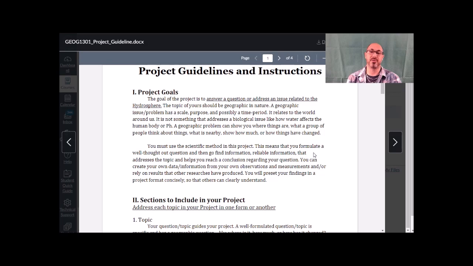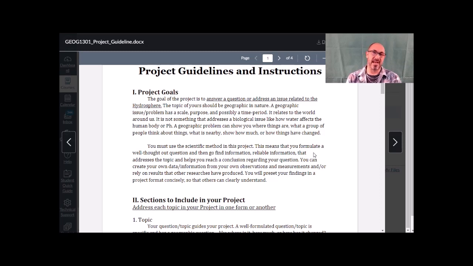You must use the scientific method in this project. It means you formulate a well thought out question and then go out and gather information related to that question or topic that helps you to reach a conclusion based on the data you've gathered concerning the topic or the research question. Okay?